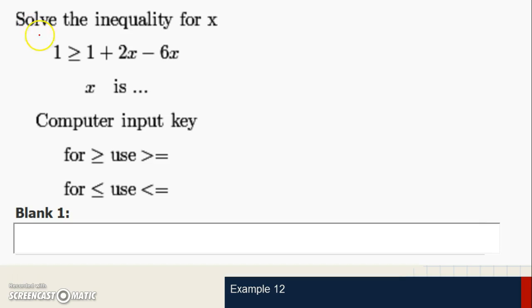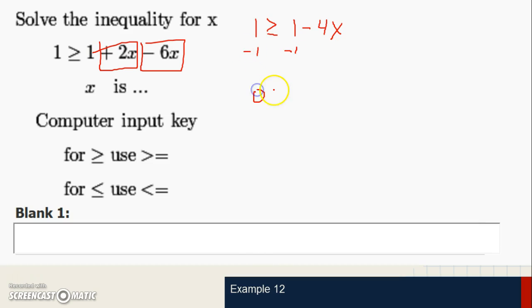Last example. 1 is greater than or equal to 1 plus 2x minus 6x. So these are my like terms. And I get 1 is greater than or equal to 1 minus 4x. I go ahead and subtract 1 from both sides, and I have 0 is greater than or equal to negative 4x. And then I need to divide by negative 4. What's happening in your mind right now?